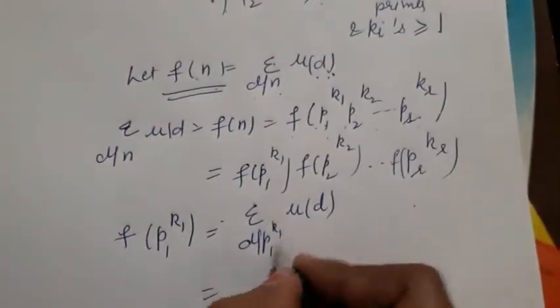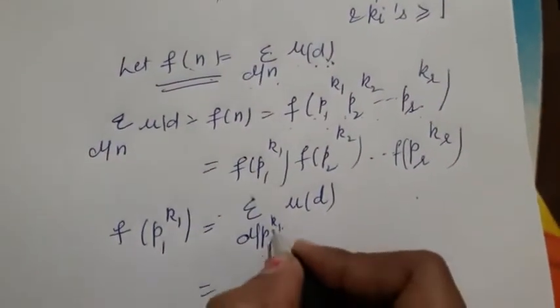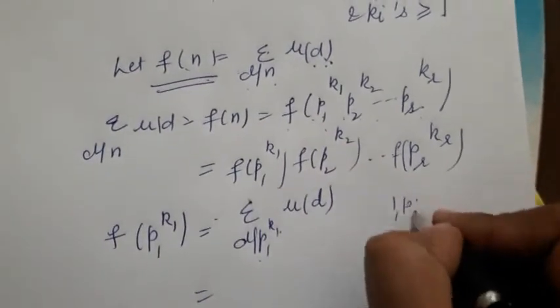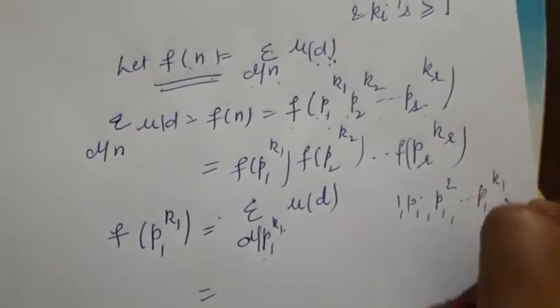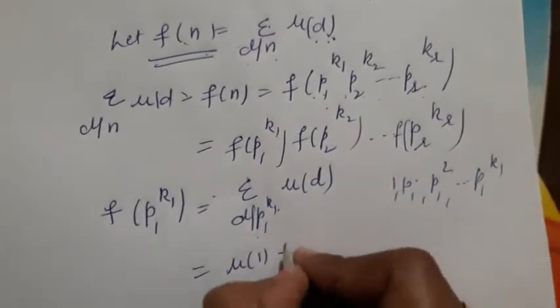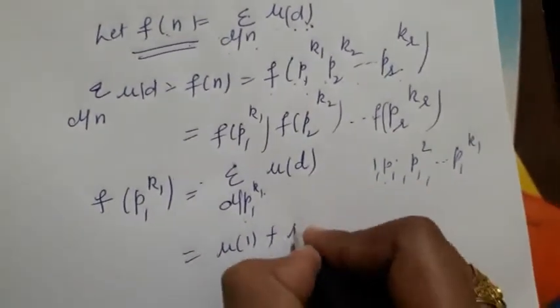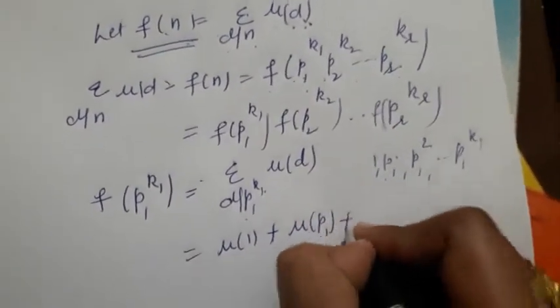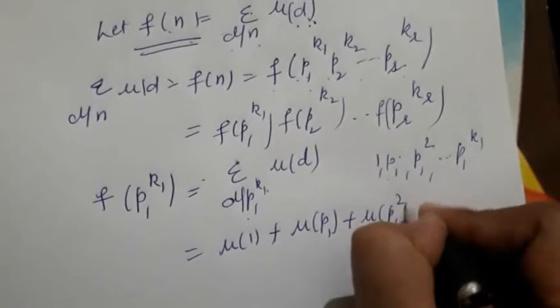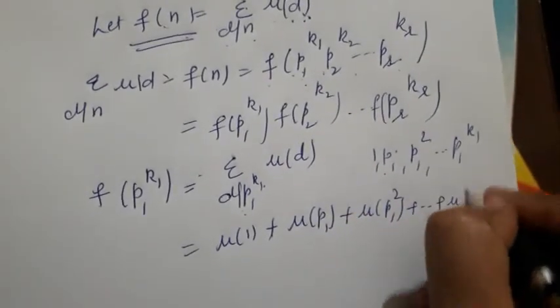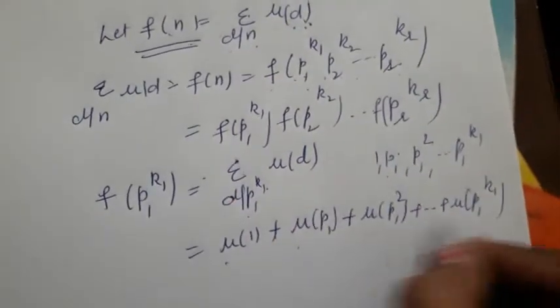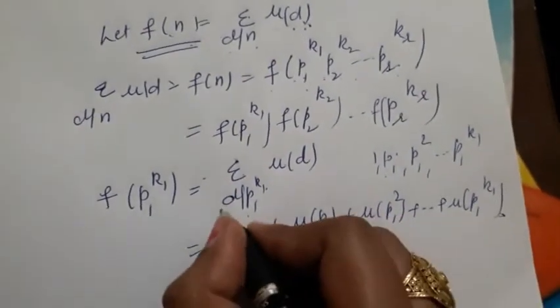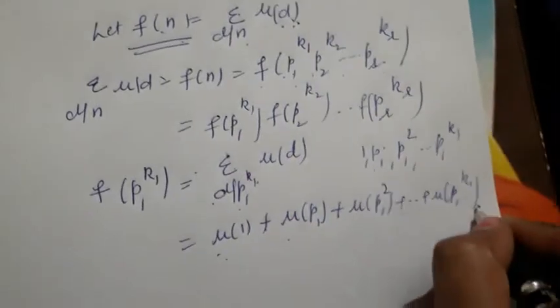Now the divisors of p1^k1, since p1 is a prime number, are 1, p1, p1 square, and so on up to p1^k1. So the first divisor is 1, value is mu of 1. Second divisor is p1, so value is mu of p1 plus mu of p1 square plus and so on up to mu of p1^k1. This is the sum of mu(d) for all divisors d.